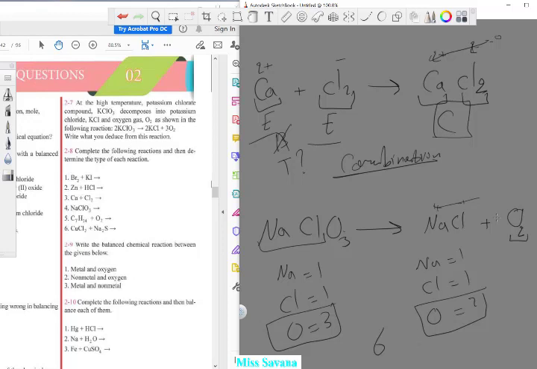This one you can multiply by 3, so the oxygen will be 6, and this one you can multiply by 2, so it will be equal to 6, so the magic number 6. But don't forget that you are also multiplying this, so the sodium you have 2 and the chlorine you have 2.